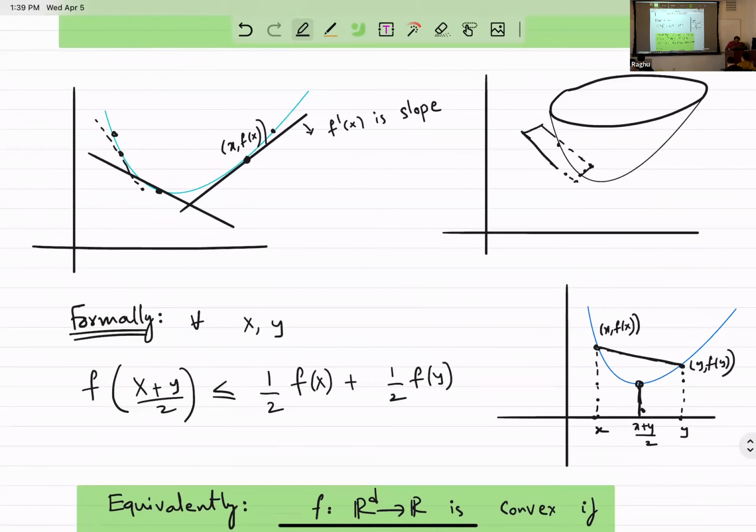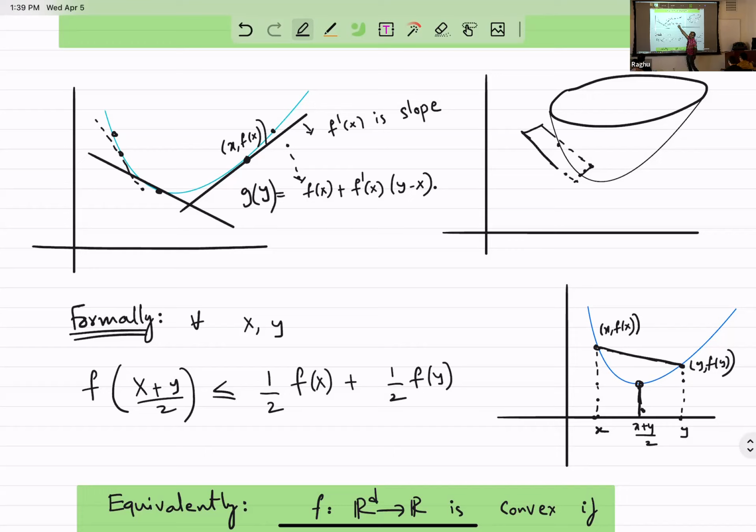And what is the equation going to be? So the equation is going to be y equals... okay, so the tangent line is given by, at any point y, f of x plus f prime of x times y minus x.